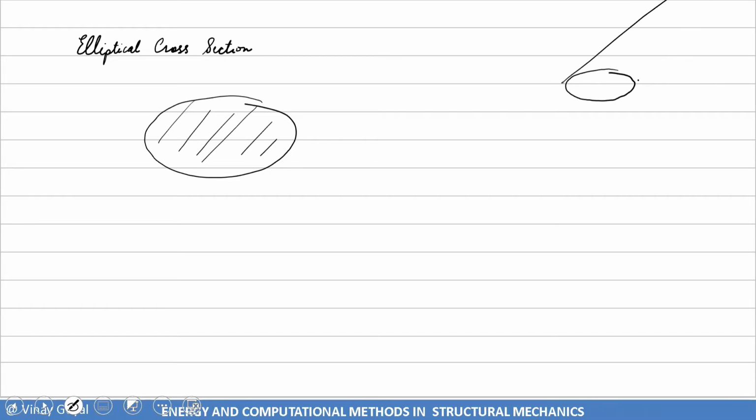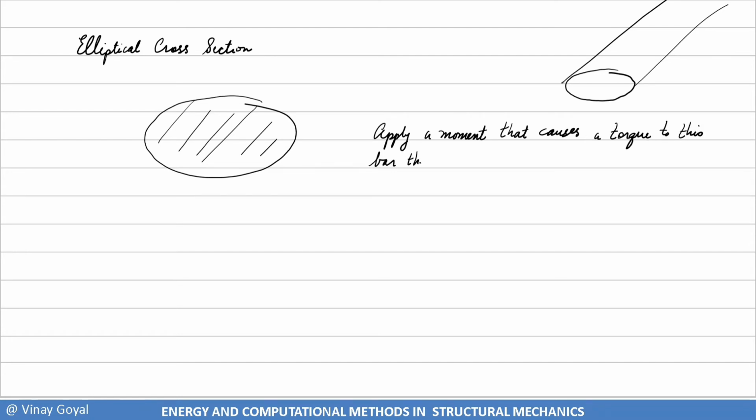So let's look at a practical problem here. I want to twist this, apply a moment that causes a torque to this bar that has an elliptical cross section.